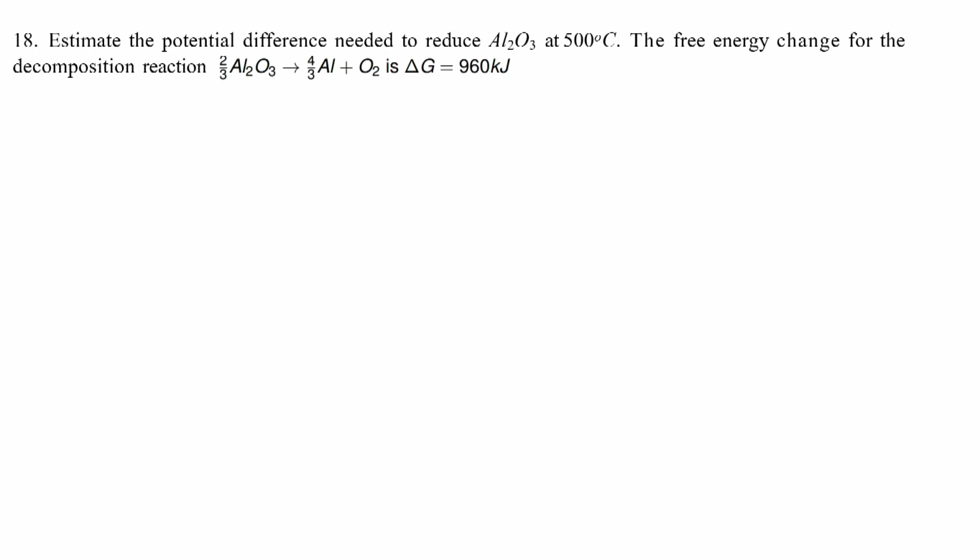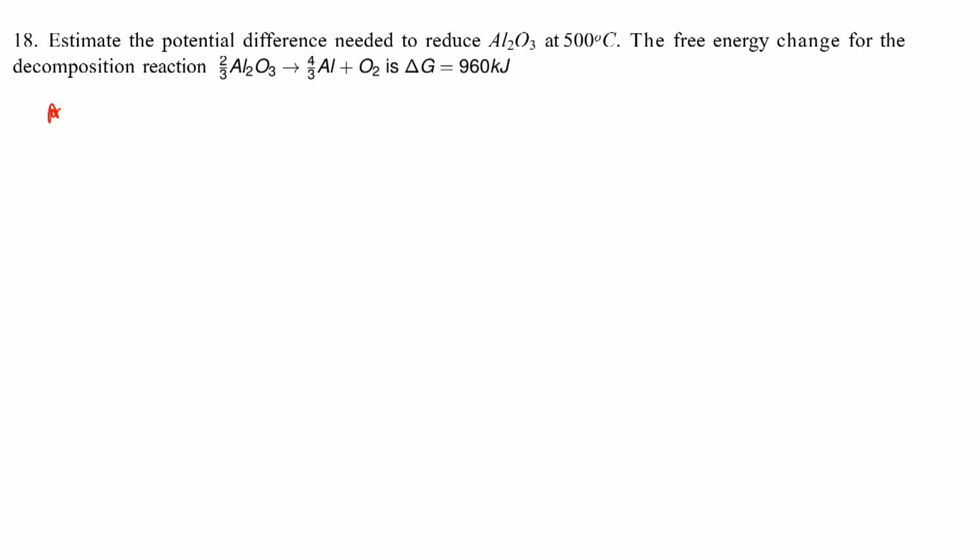Next we move to problem number 18. It says estimate the potential difference needed to reduce Al2O3 at 500 degrees Celsius. The free energy change for the decomposition reaction 2 by 3 Al2O3 goes to 4 by 3 Al plus O2 is delta G equals 960 kilojoule. Okay.